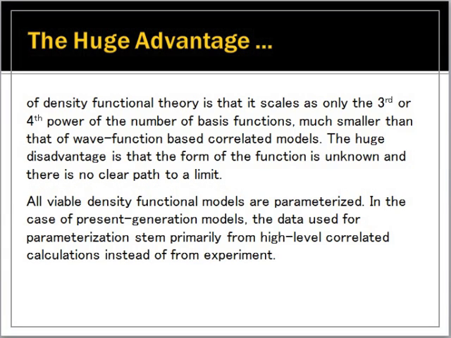All viable density functional methods, and so I'm excluding all the ones in the first decade of its life, are parameterized. The early ones were parameterized using a small amount of experimental data. All the modern ones are parameterized using high-level correlated data.